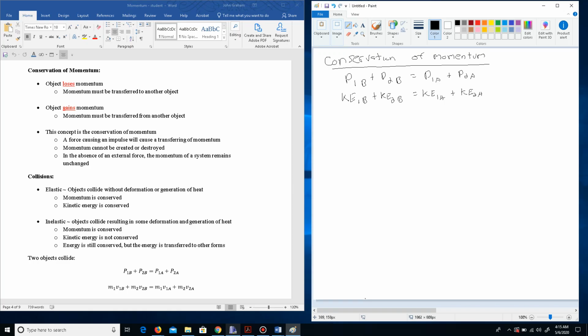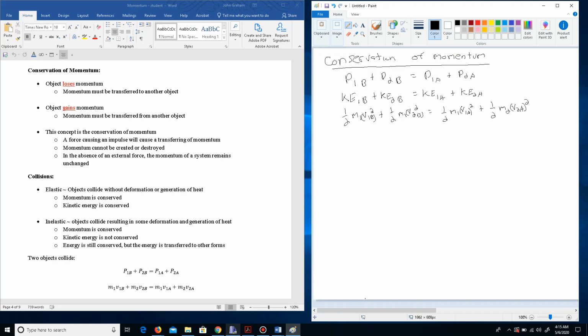Which means for the kinetic energy you have 1/2 m1 v1 squared plus 1/2 m2 v2 squared, and I'll put little b's here for before, equals 1/2 m1 v1 after squared plus 1/2 m2 v2 after squared. This is this equation, and this has to remain true for it to be elastic.